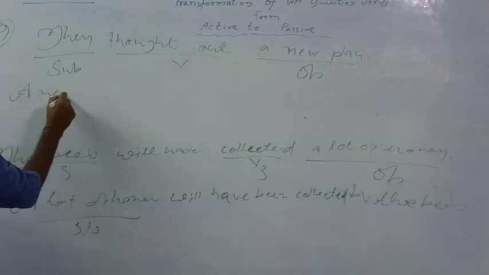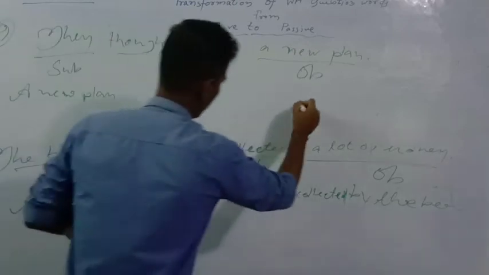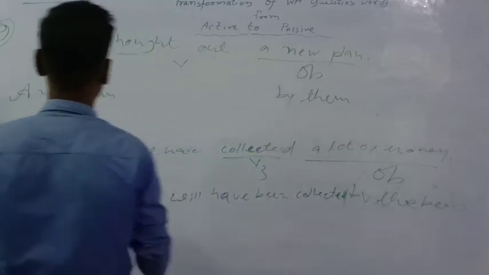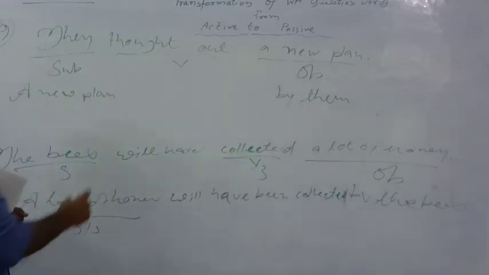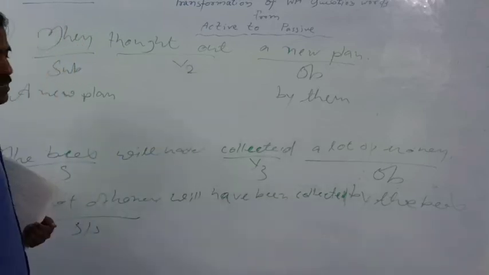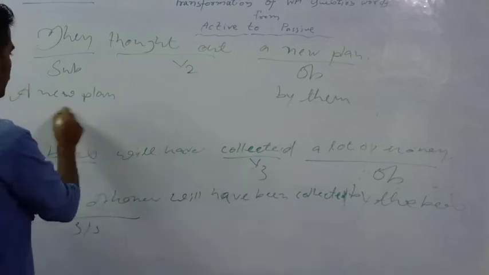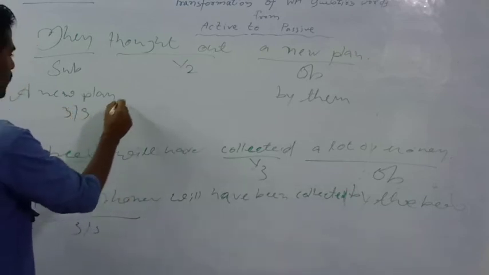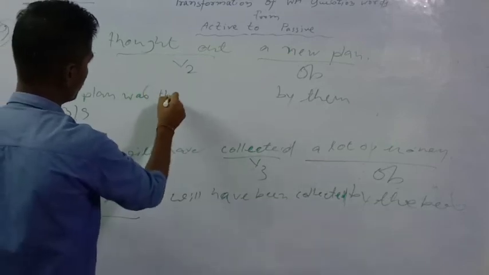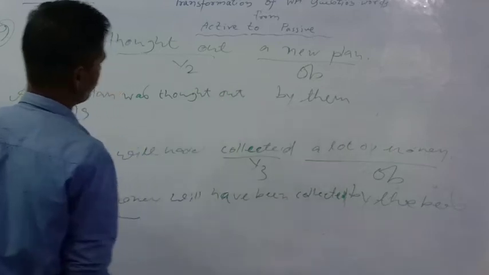A new plan. Here, them by preposition. Thought is past tense, V2. Since it's V2, here the past form of be verb, was. Where? A new plan, third person singular number. So a new plan was thought out by them.